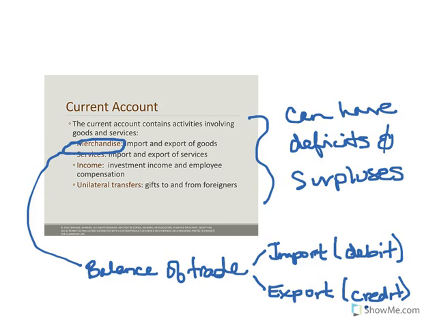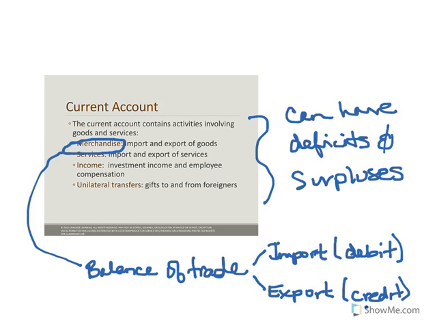Now, the second component of the current account is the services account. Think of this as tourism: any money spent on travel, transportation costs, insurance premiums, anything where you're spending money but it's not an actual good, it's a service. Those transactions are recorded in the services account. And the same thing, you have debits and you have credits.